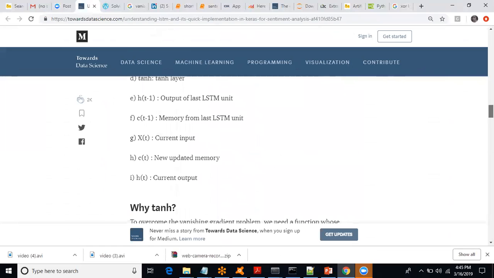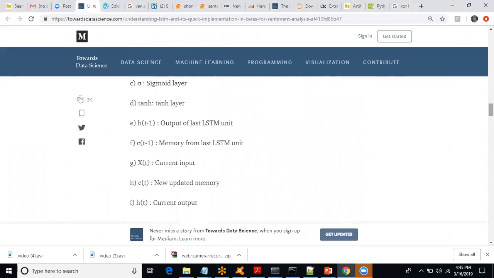Here, if you see, c of t minus 1 is the memory from the last LSTM unit, where the last information was saved. And h of t minus 1 is the output of the last LSTM unit. This one is the output value and this is the memory.